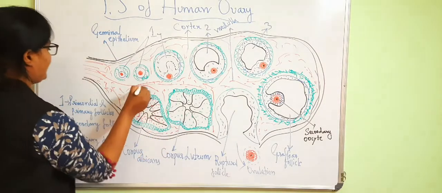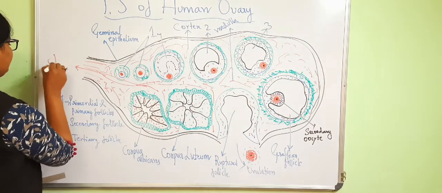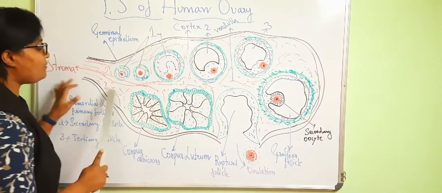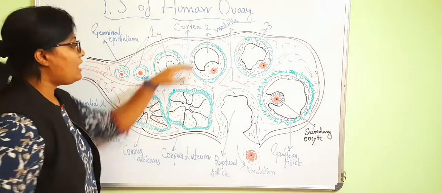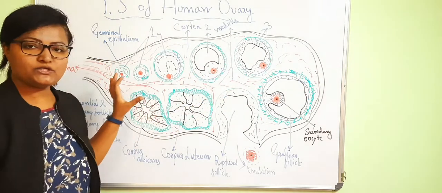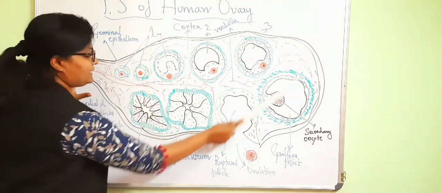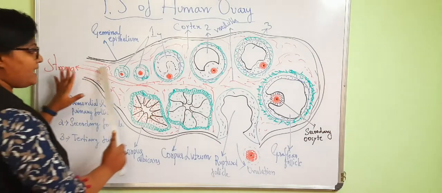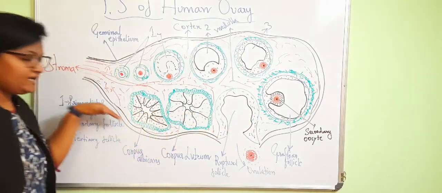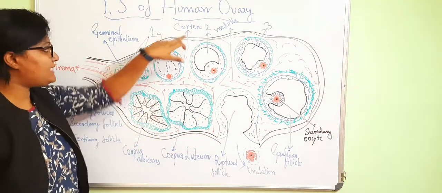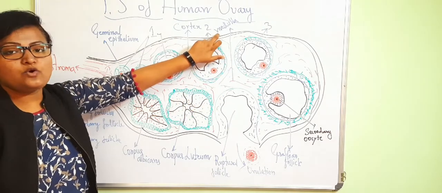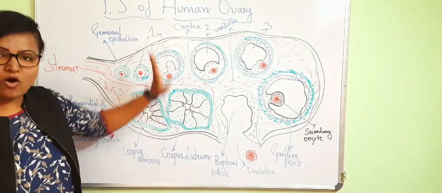The complete matrix content here is called the stroma, where this stroma is divided into an outer cortex and an inner medullary portion. The peripheral region, the edge region, we call the cortex, and the center we call the stromal medulla.